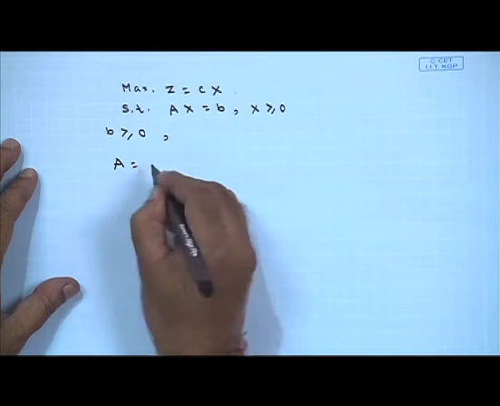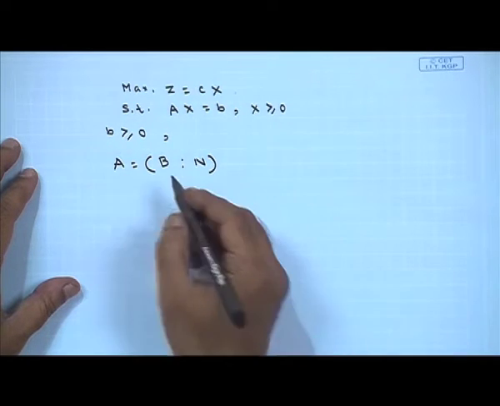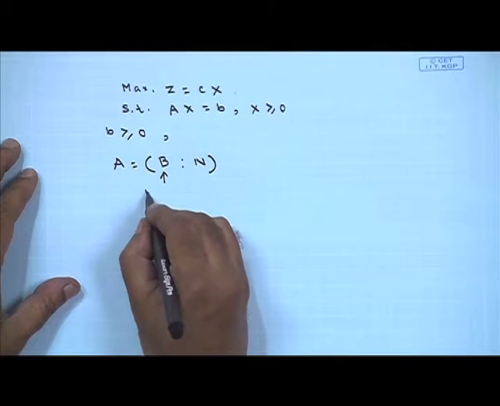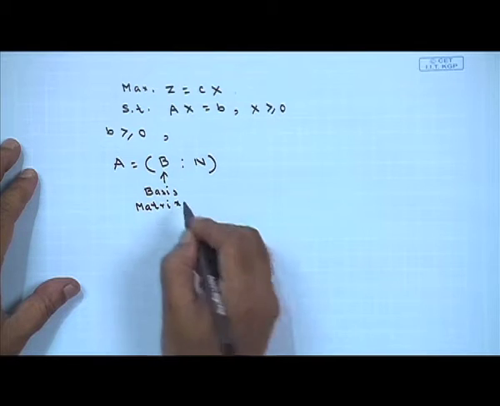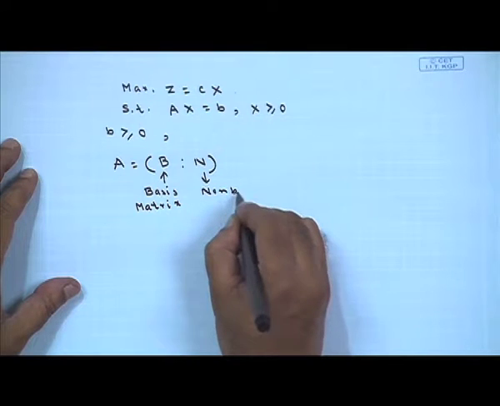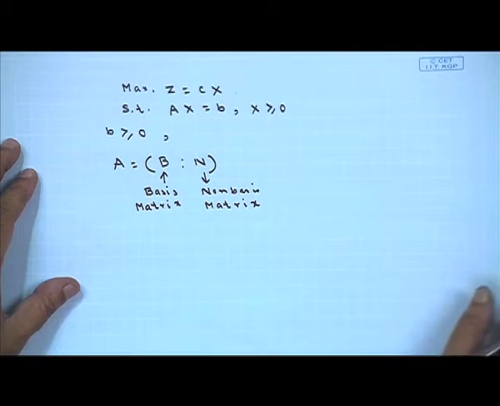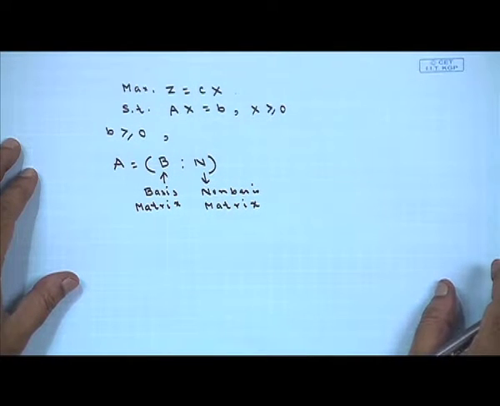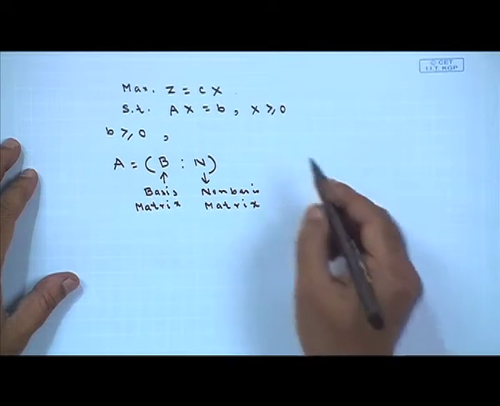Then we can write A as B and N. Basically, B is the basis matrix and N is the non-basis matrix. The linearly independent vectors that you get in terms of the unit matrix will be the basis matrix, and N will be the non-basic matrix.